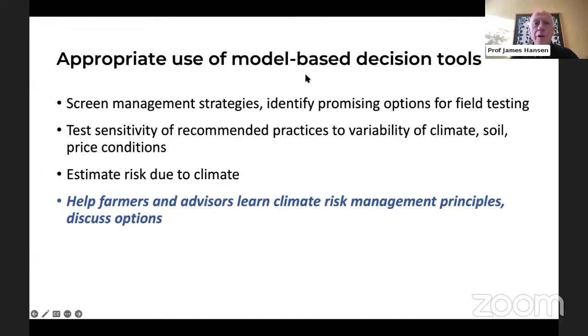So what we often refer to as decision support tools are sometimes called discussion support tools because they are appropriately used to guide discussions among farmers or between farmers and their advisors.